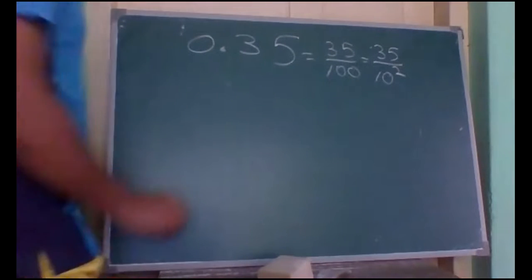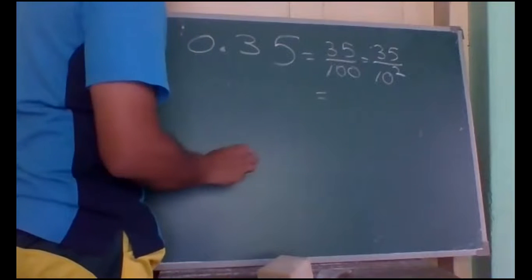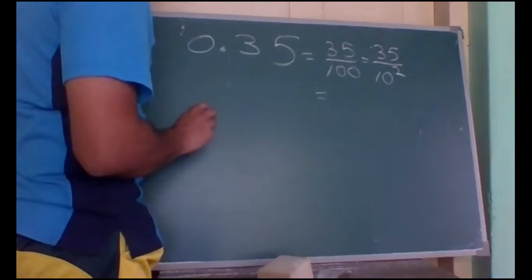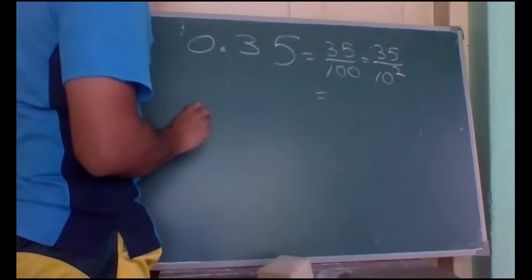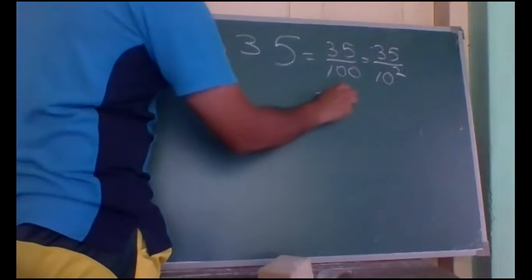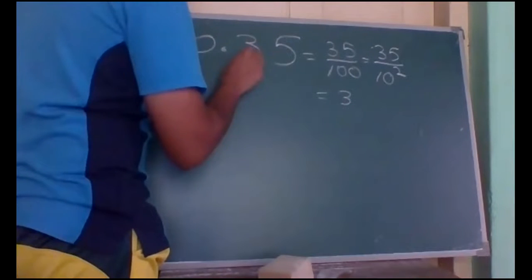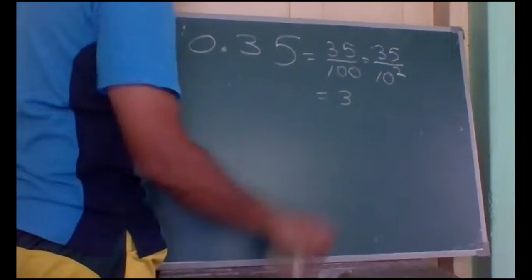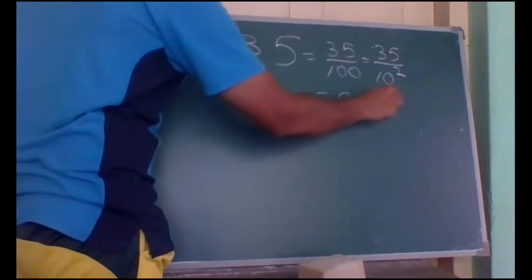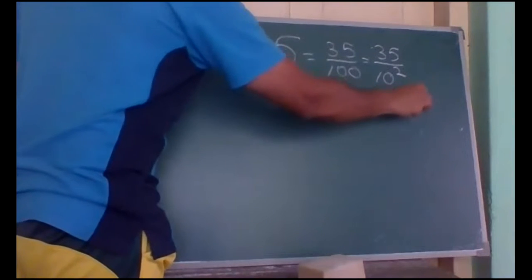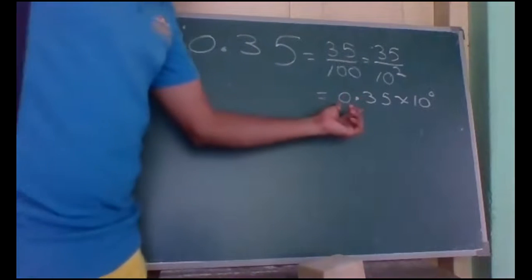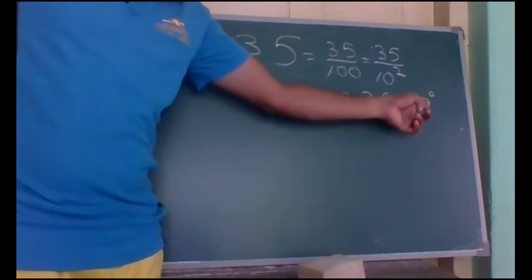And also you can write this one in a different way. You can take this number 0.35 into 10 to the power 0.